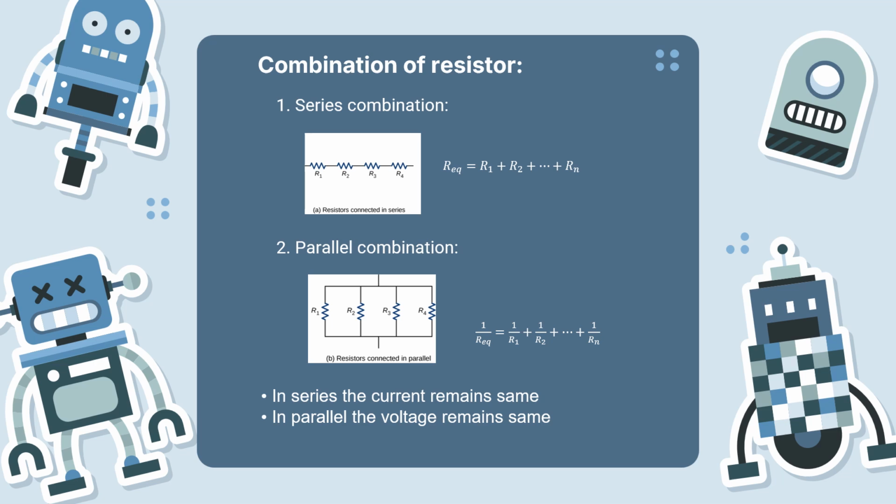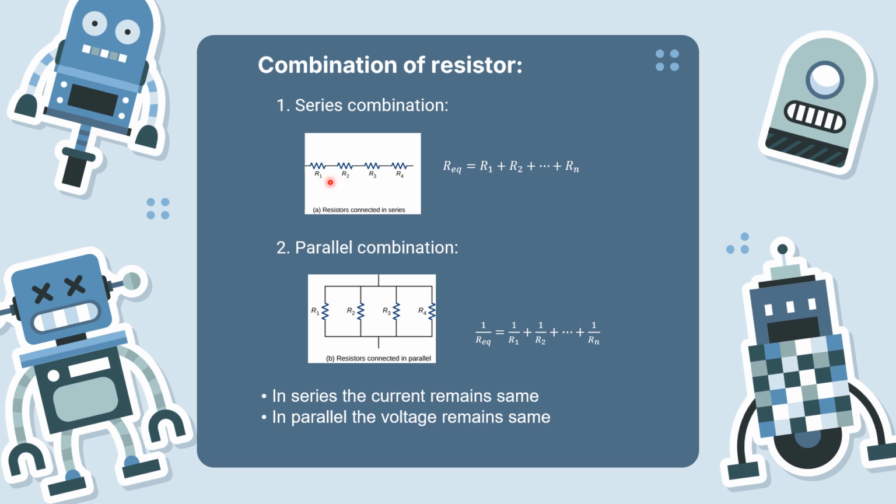Okay, we can connect resistors in two main ways: parallel and series. In series, it is enough to add the values of the resistors together, and the equivalent value across the two ends of these resistors is equal to the sum of all of them.